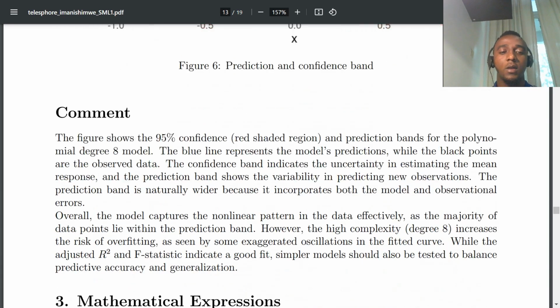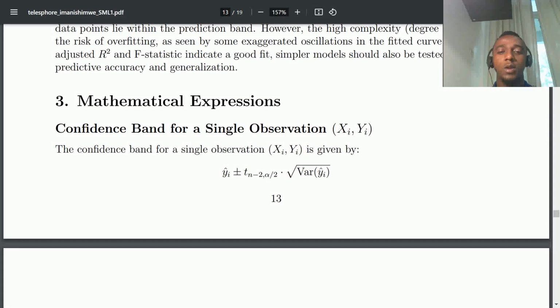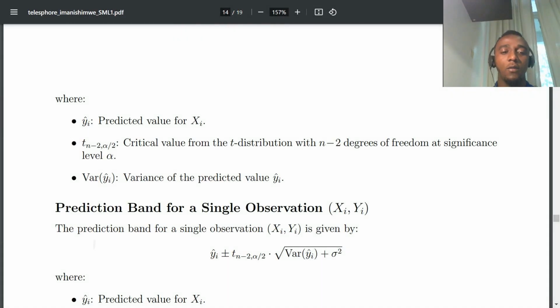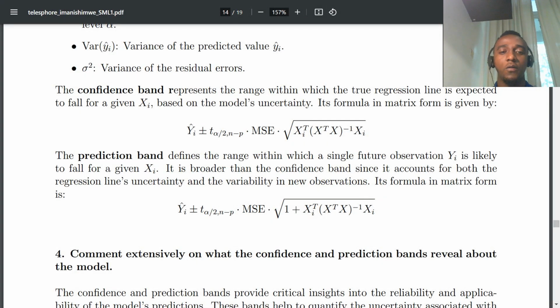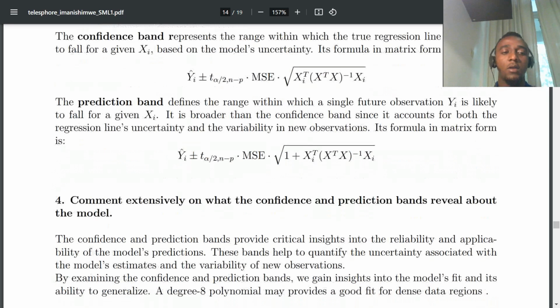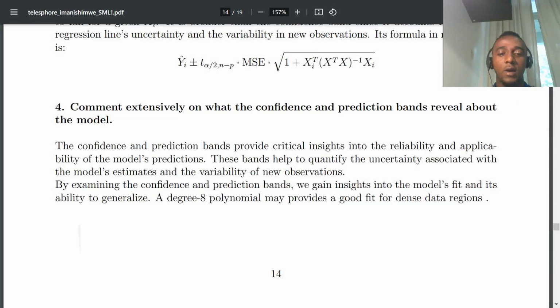So after that, I went to the mathematical expression of the confidence bound and the prediction bound. The confidence bound can be found as y_i plus or minus t of alpha over 2, n minus p, times the mean square root of x_i transpose (X transpose X) inverse x_i. And the prediction interval is that one.